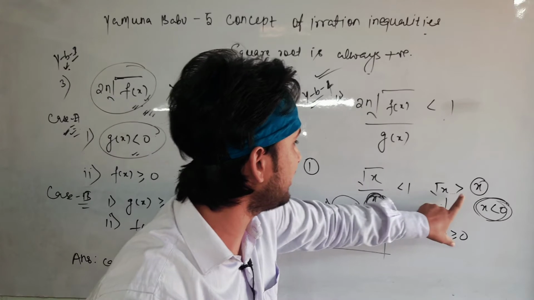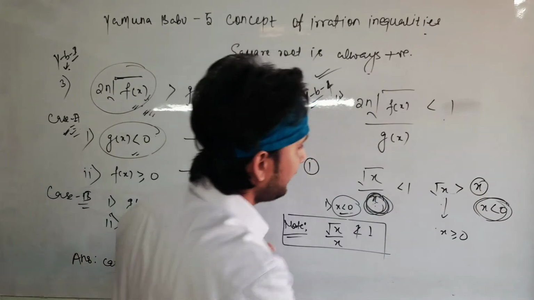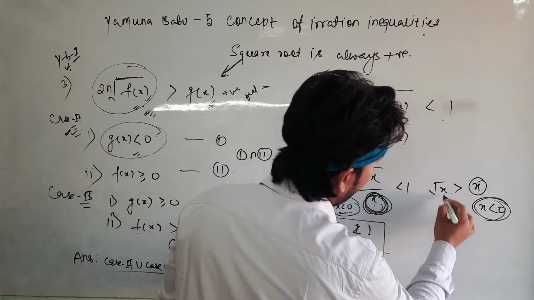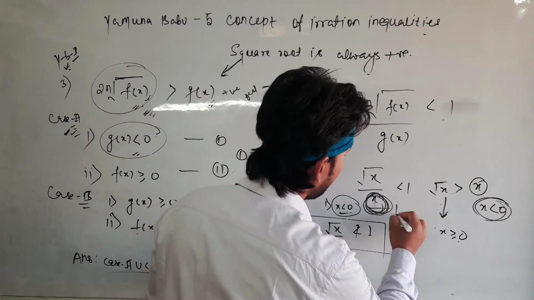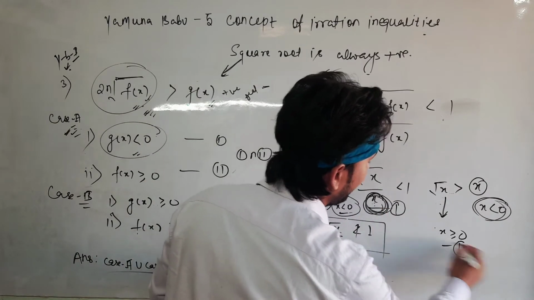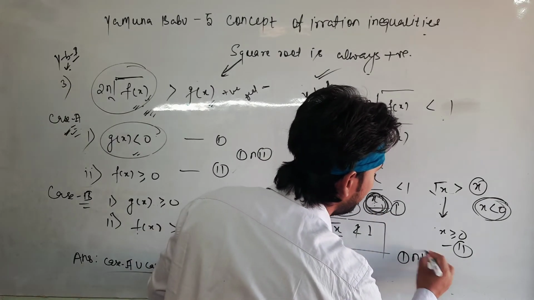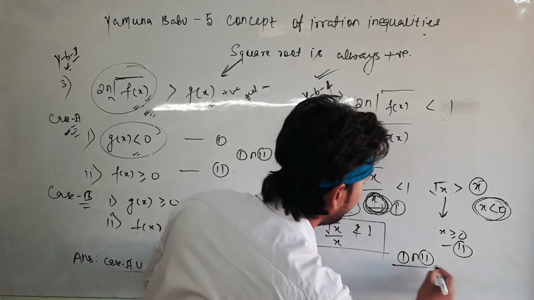It means that root x is greater than x. Then you have to define the square root also, where x must be greater than or equal to 0. This is the first condition and this is the second condition. You have to take the intersection between these two.